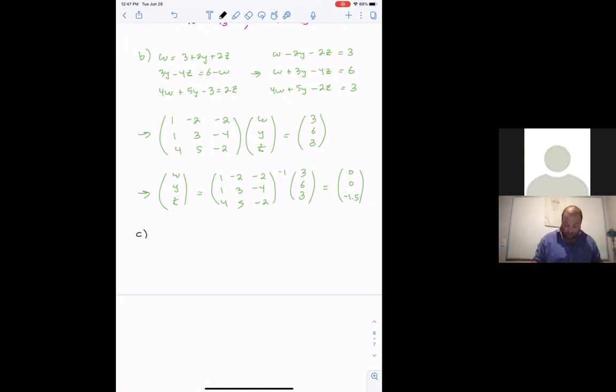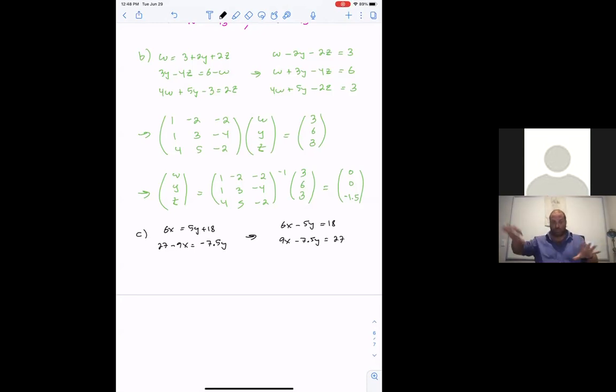And C says 6x equals 5y plus 18, and 27 minus 9x equals negative 7.5y. This is the same thing as saying 6x minus 5y is equal to 18, and 9x minus 7.5y is equal to 27.